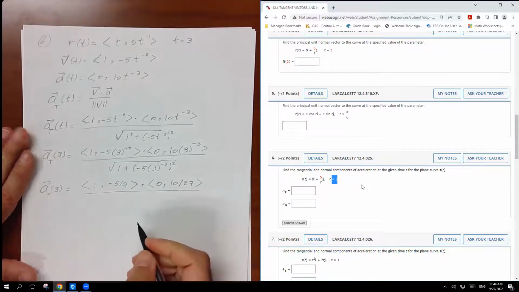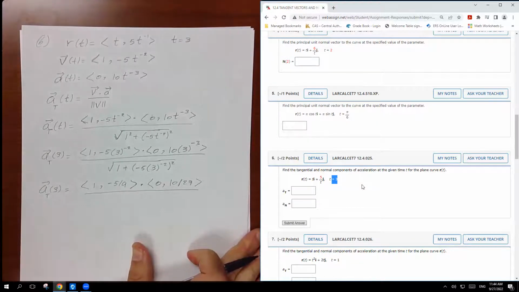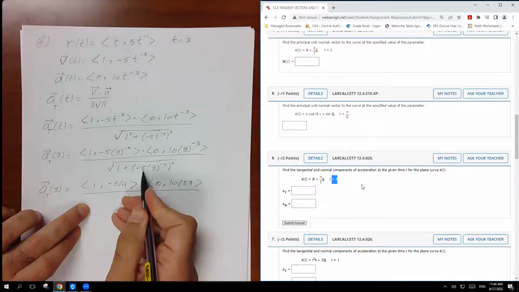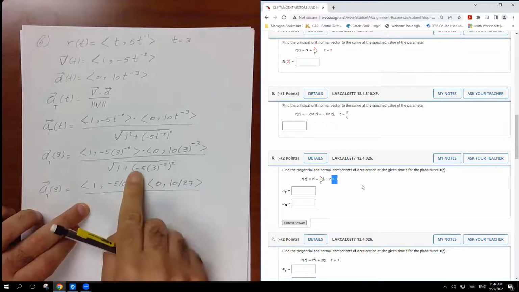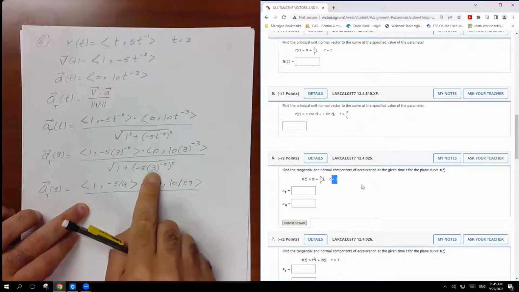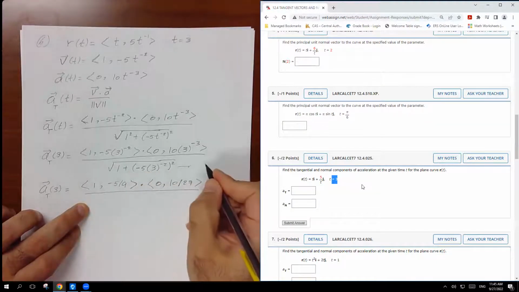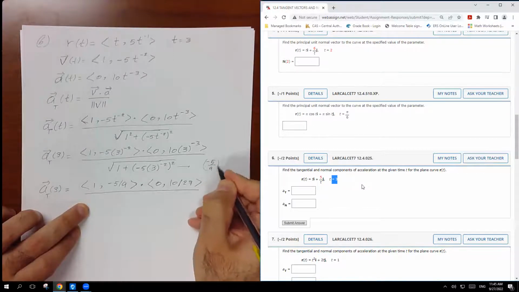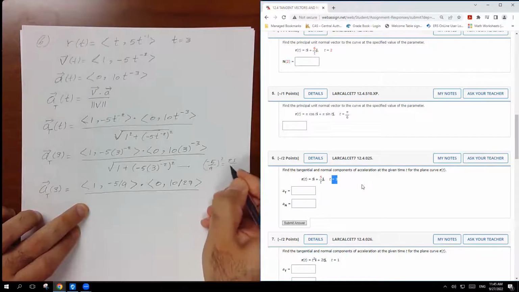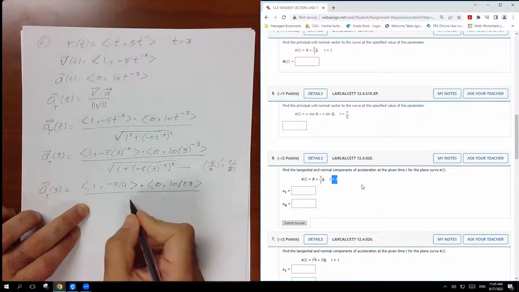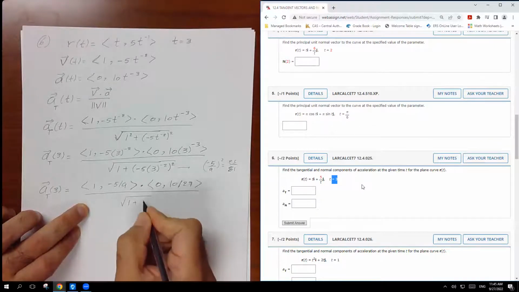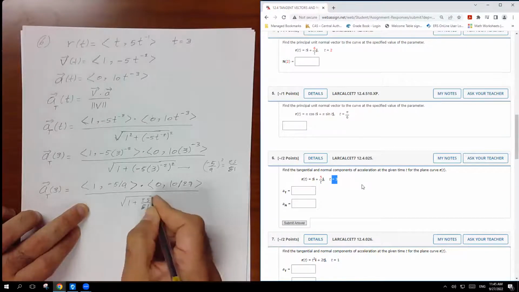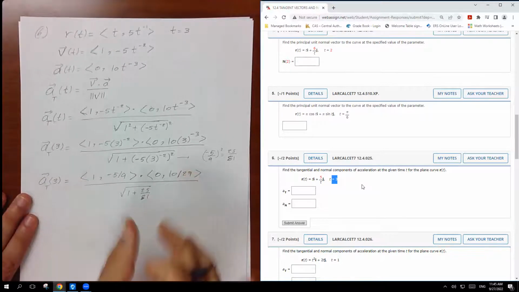Everything is divided by 1 and 25 over 9 squared. I'm just simplifying this part, which is negative 5 over 9, and everything squared is going to be 25 over 81. That means here it's going to be the square root of 1 plus 25 over 81. Now do the dot product here and find this one.